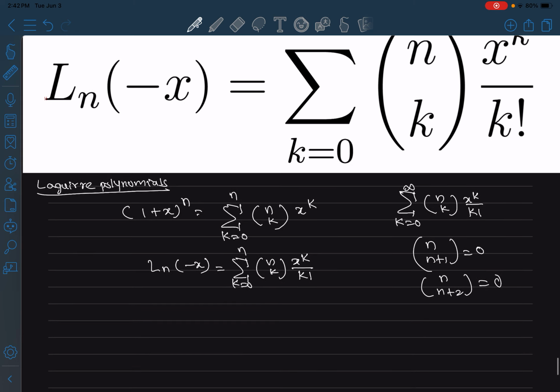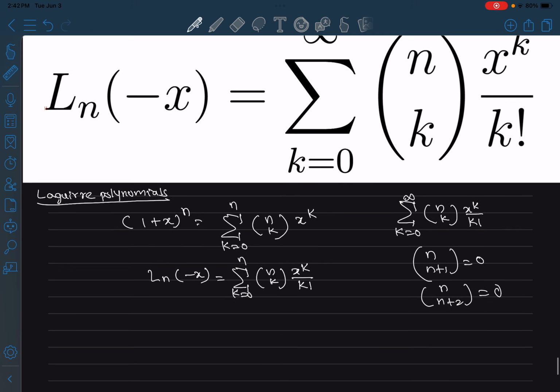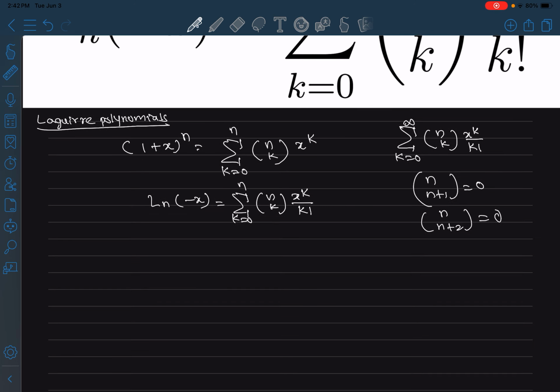Okay. Now let's actually prove that this Laguerre polynomial evaluated at minus x is equal to this series. So we have to go by the definition of the Laguerre polynomial first. It can be defined in two ways.